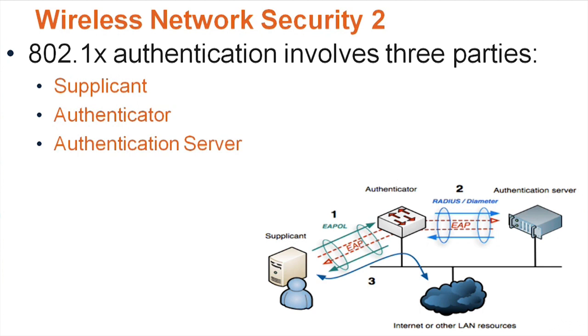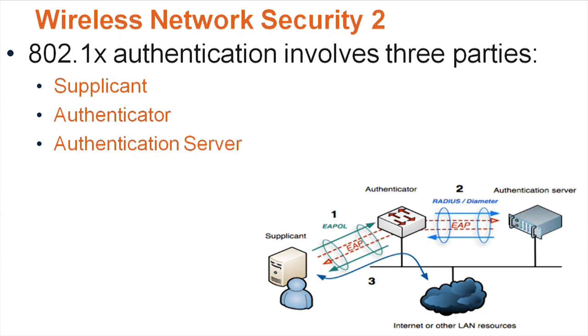And then after that, they hit the RADIUS or Diameter server, which by the way is a test question, RADIUS and Diameter server, and then that talks to the authentication server itself, and then a decision is made out of that. So you have the supplicant, the authenticator, and the authentication server. So where is the RADIUS Diameter server in this conversation? It's between the authenticator and the authentication server.